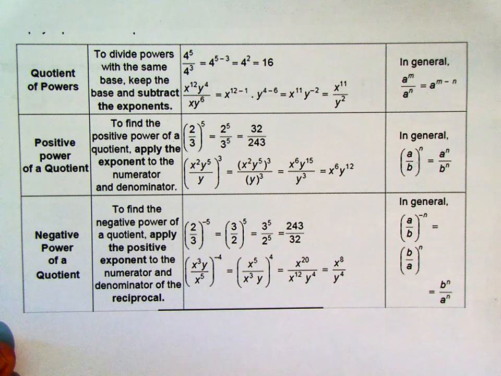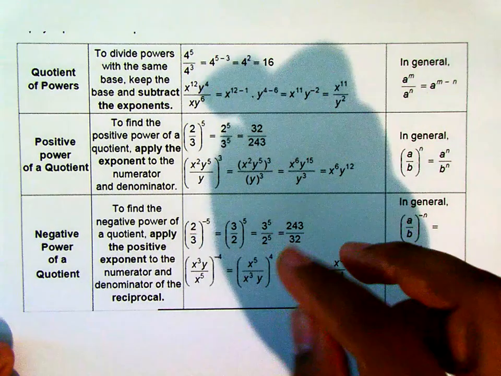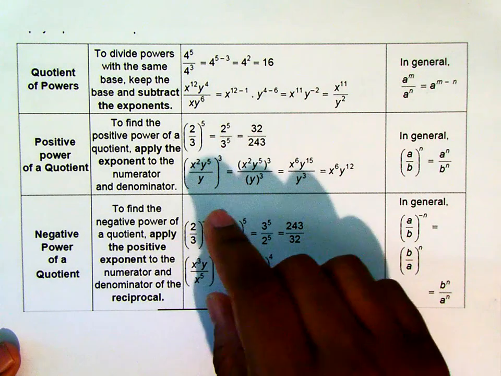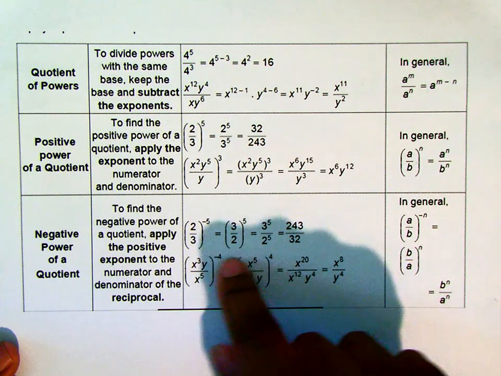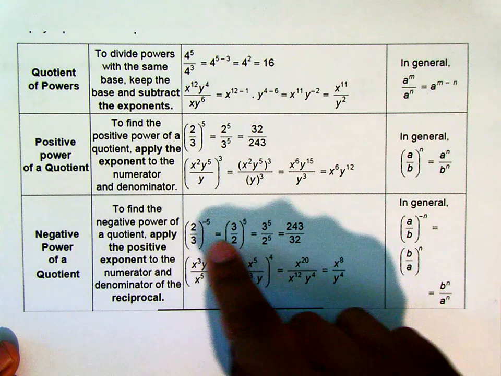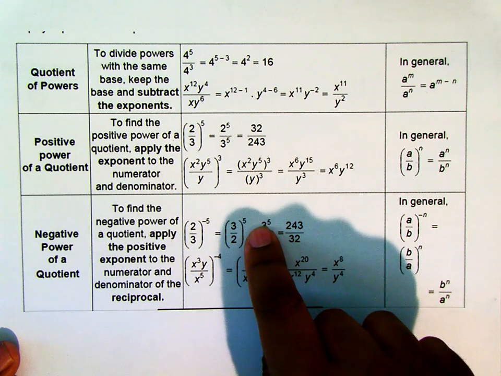And 3, when you have a negative power of a quotient, it's kind of like a combination of two things. One, when it's negative, you're going to use the reciprocal. So you're going to flip it and make it positive. So here they took the 2 over 3 and flipped it, made it 3 over 2, and changed the negative exponent to positive.